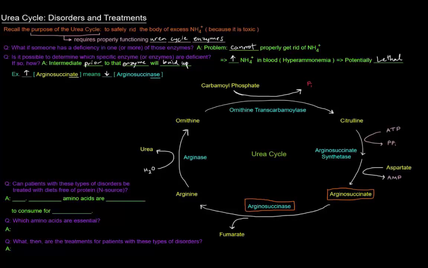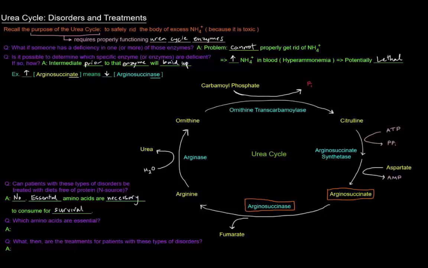So, can patients with these types of disorders be treated with diets free of protein or free of a nitrogen source? The answer is no, because there are these things called essential amino acids that are necessary to consume for survival. The essential amino acids are basically amino acids that your body cannot synthesize.